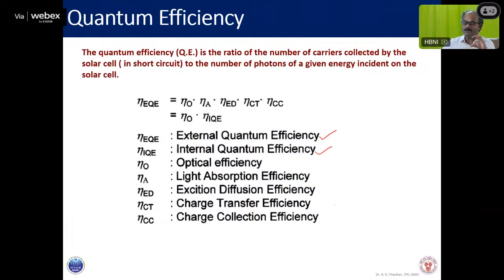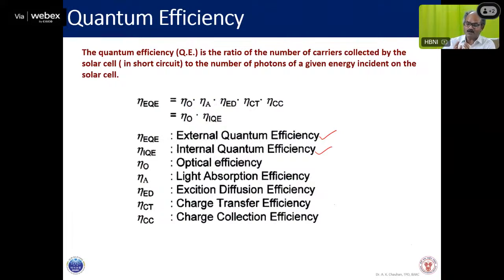So suppose I sent 10 photons, one photon was reflected and 9 photons were absorbed by the solar cell. Out of those 9, 9 electron and hole pairs were generated. So my internal quantum efficiency will be 100%, because 9 photons were absorbed and you received 9 electron and hole pairs.